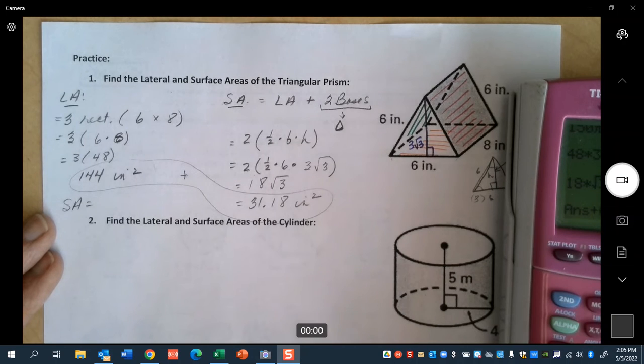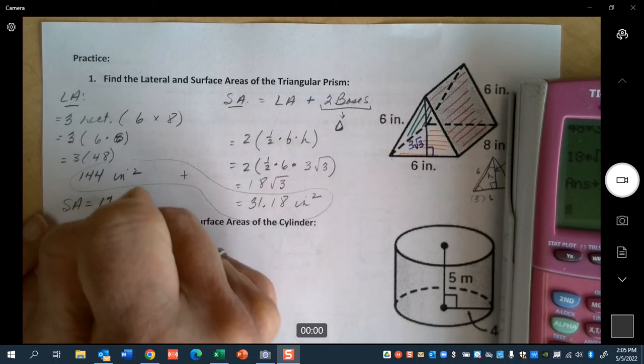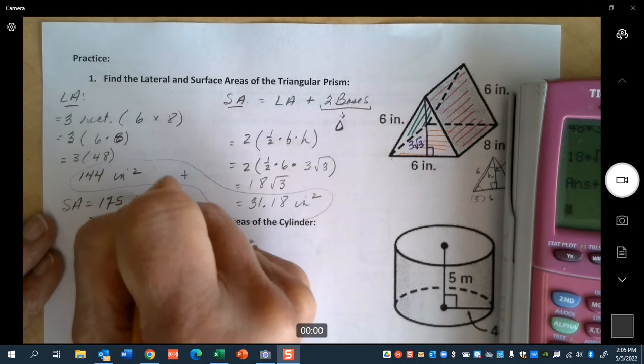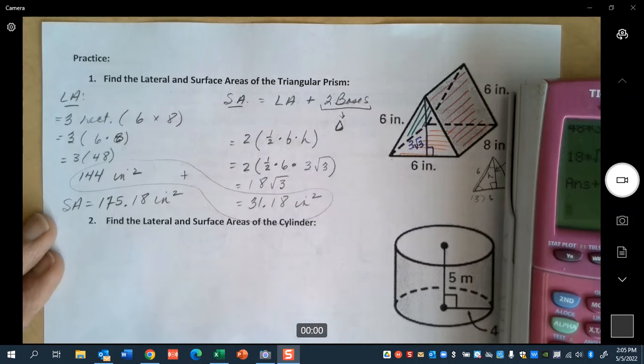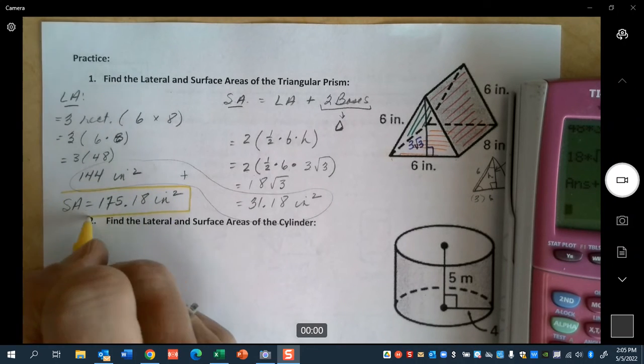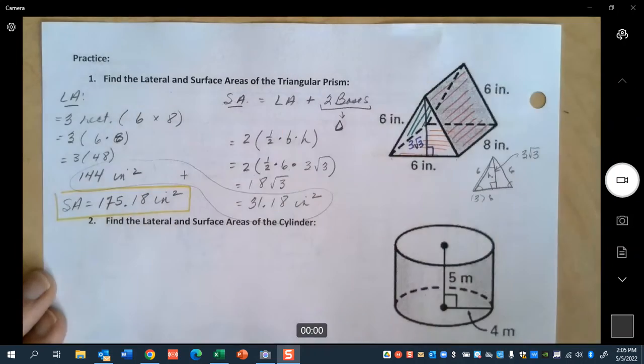So my surface area is 175.18 square inches. So my surface area is going to be the total of my lateral area plus the area of my bases. Sound okay?